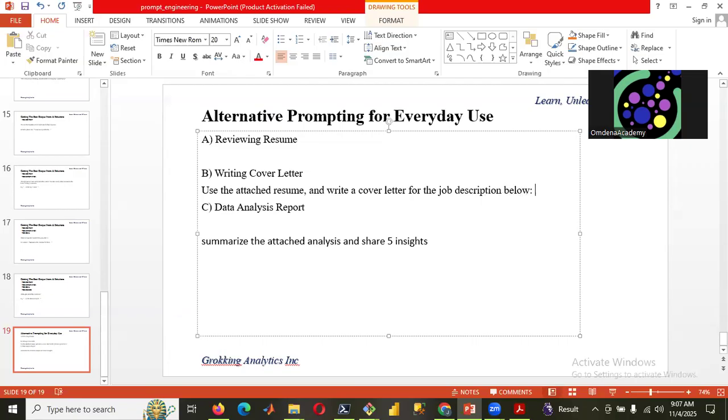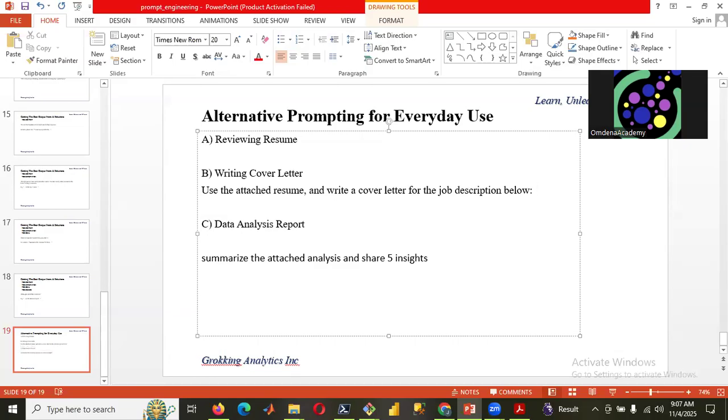So in this case, you paste the job description, and then you attach your resume, and then it will draft out the cover letter. I tell you, read through the cover letter, and then ensure that the cover letter is in the right state it should be. Okay, don't just copy and paste.